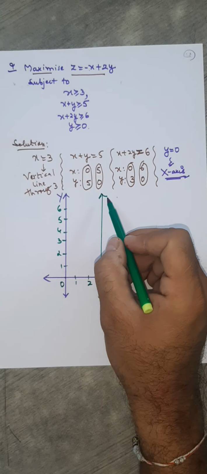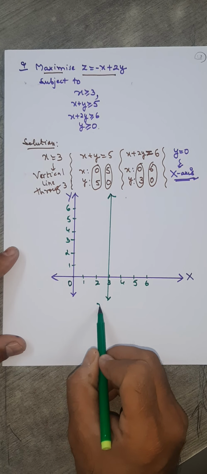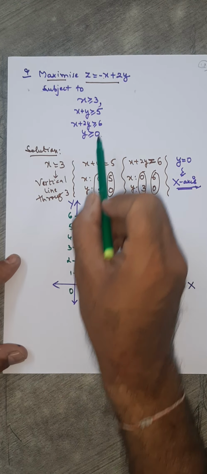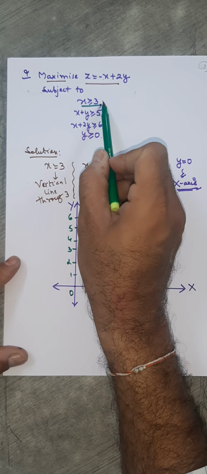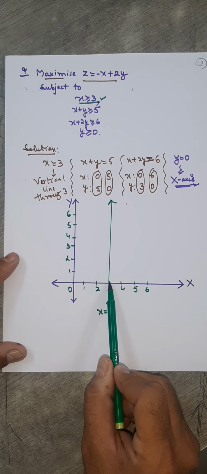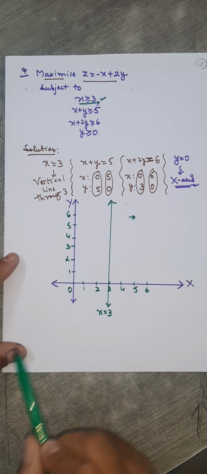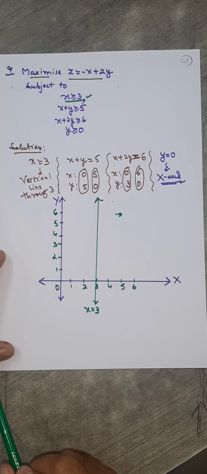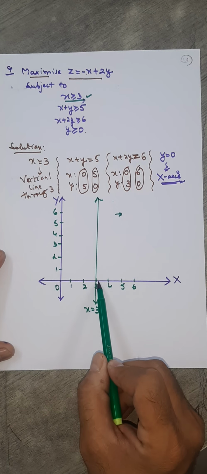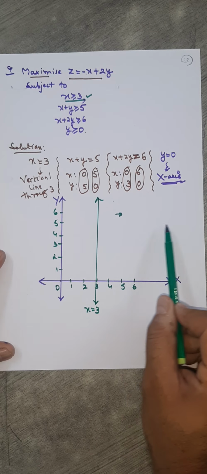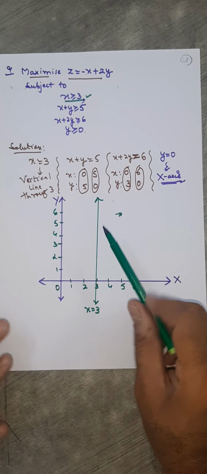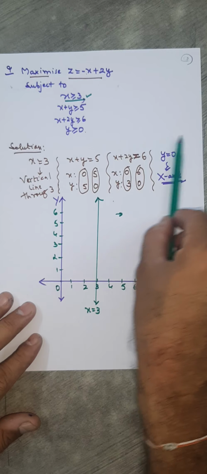This represents which line? x equals 3. Now here x is greater than or equal to 3, so the value of x should be more than 3. So this is the right side region, not the left side region. We keep this region in our mind.